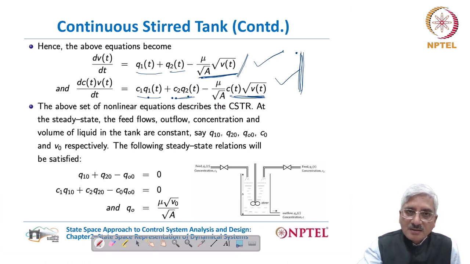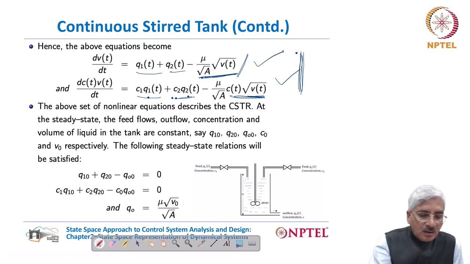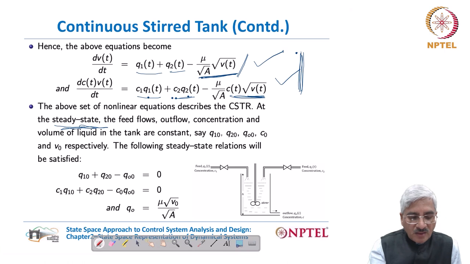Now we can linearize it. So for that we consider steady state, and at the steady state the feed flows, outflow, concentration and volume of liquid in the tank will all be constant.